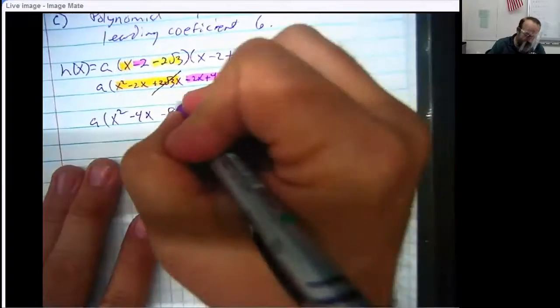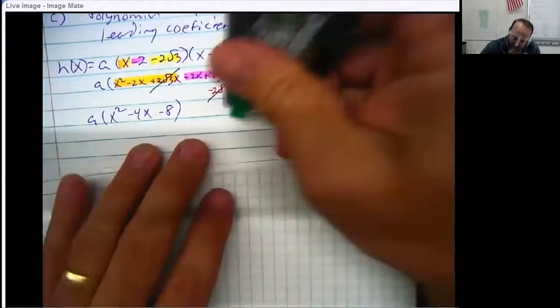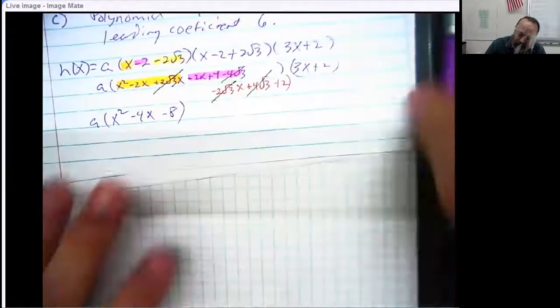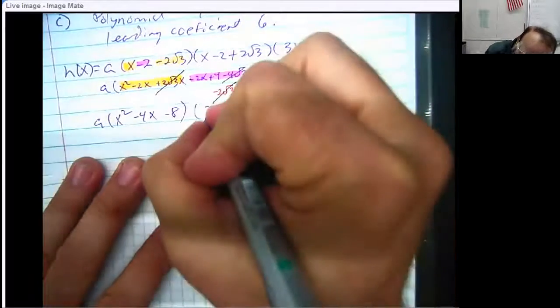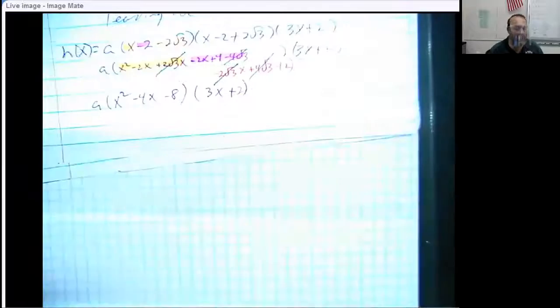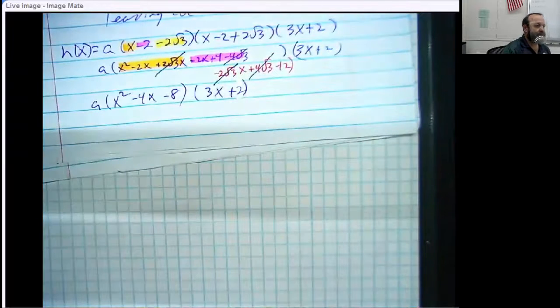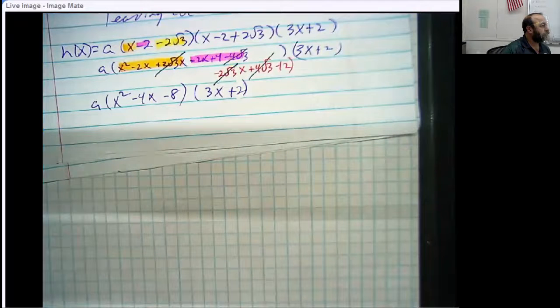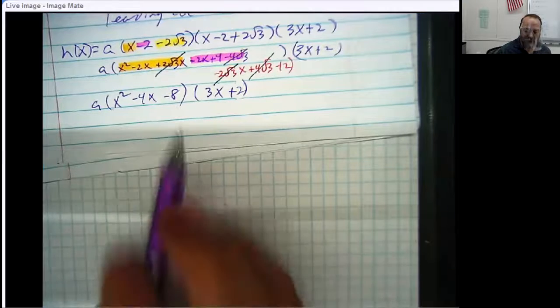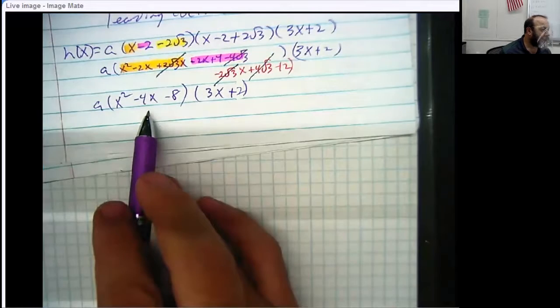I didn't need that much room, so I'm going to make that parentheses go away. And then we just had 3x plus 2, right? Does that seem so bad? Now, it was a little obnoxious to get there, but what happens if you do those problems is something exactly like this.